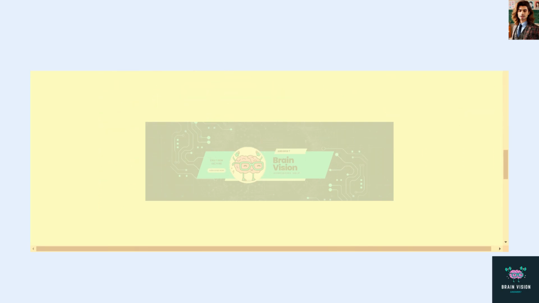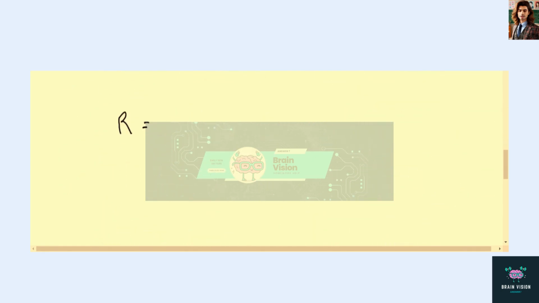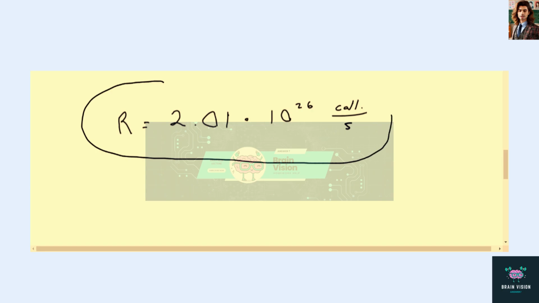And if we do that, our approximate rate of collisions with one wall of the container is going to be 2.01 times 10 to the 26th collisions per second. So there you have it.